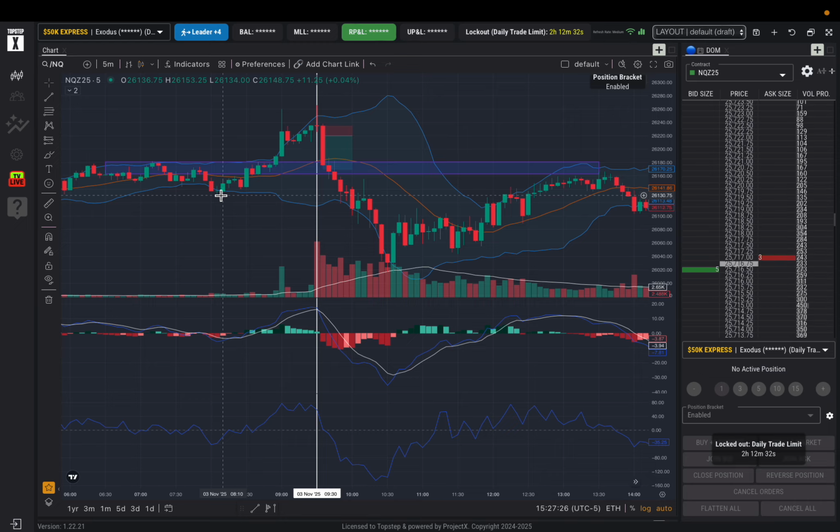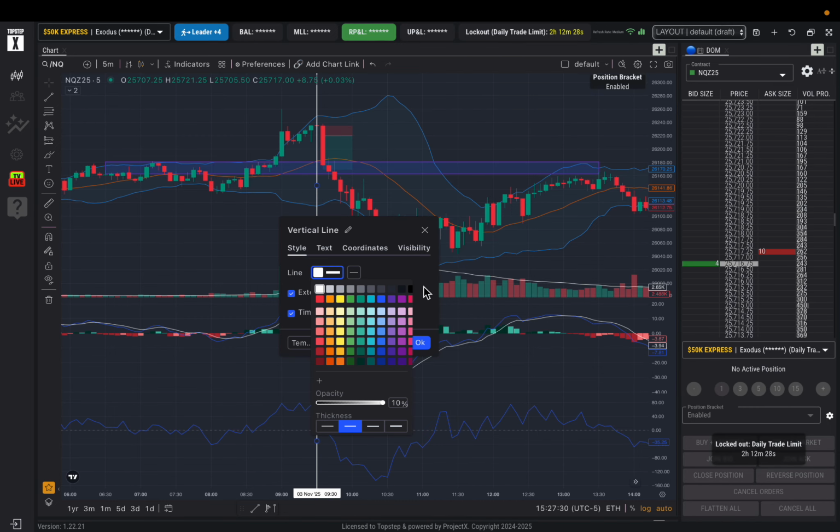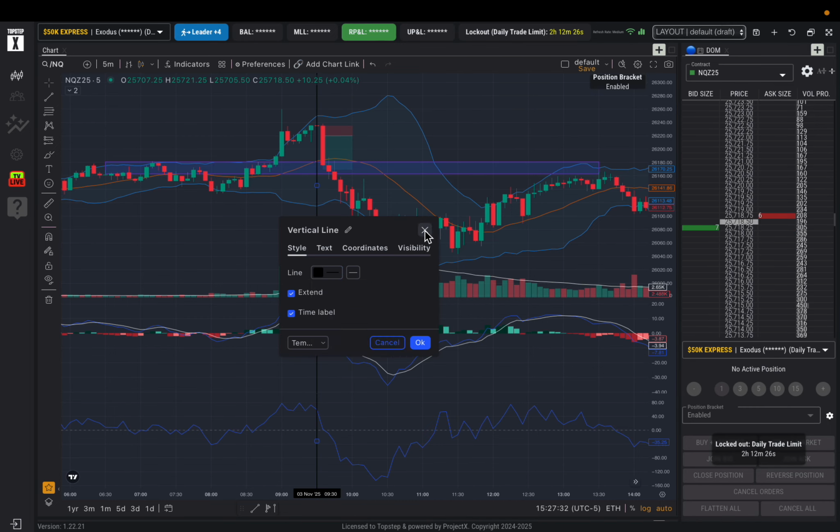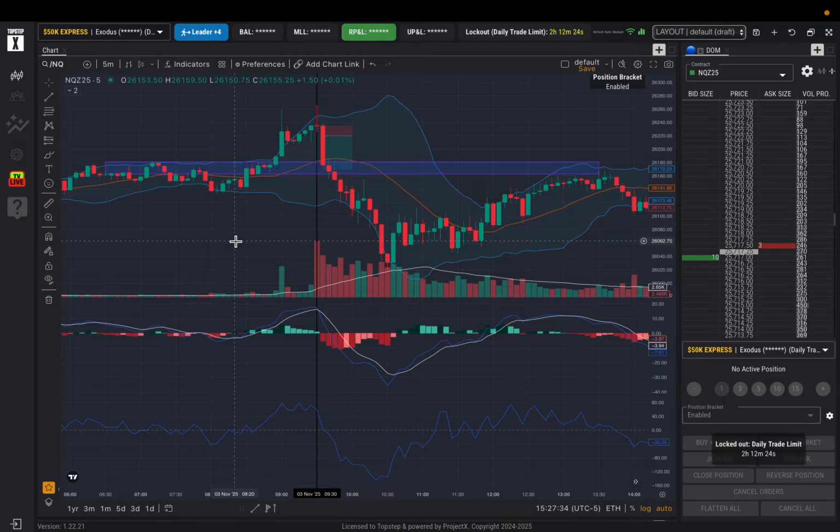Since I was looking for shorts, I was waiting for the first candle right here to end, because that's market manipulation. As you can see, it went above the overbought levels, which indicates a possible draw to the downside.